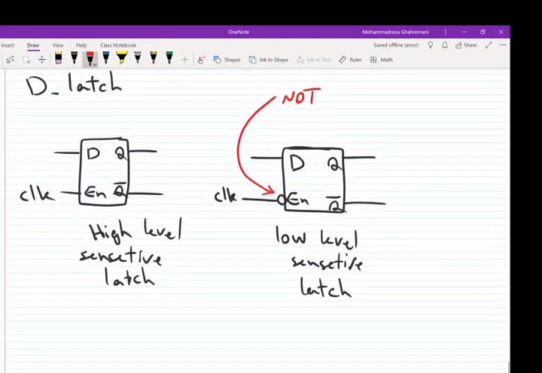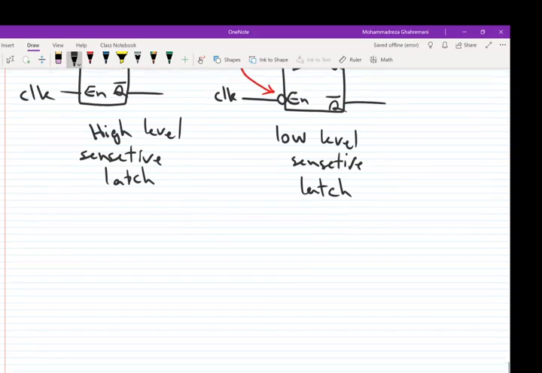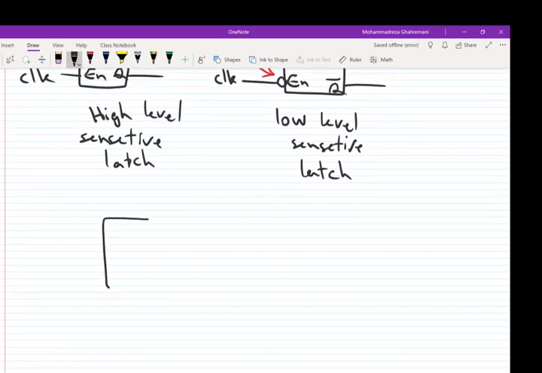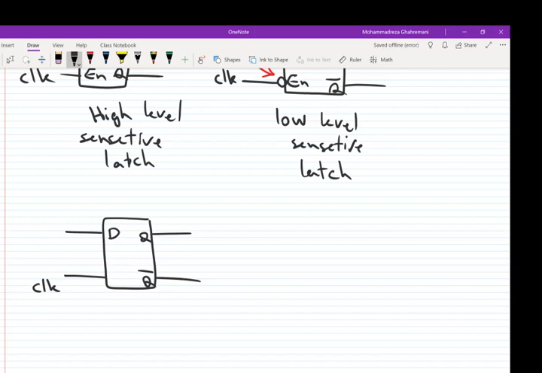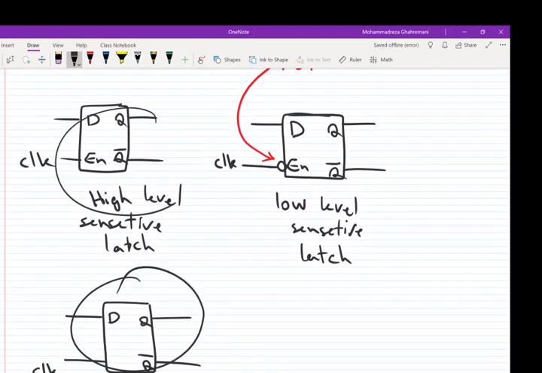By the way, we know that these two latches are level sensitive, but for flip-flop, we have D input, Q output, Q bar output, and here is the clock. Let's call it clock because it's edge sensitive. How do we know this one is a flip-flop, not a latch?